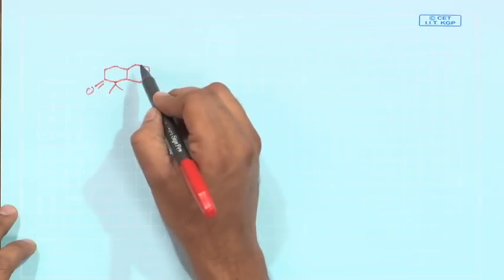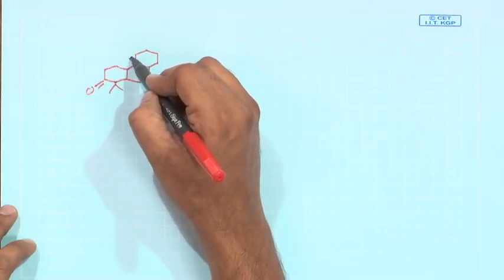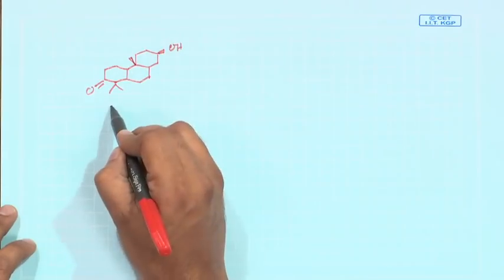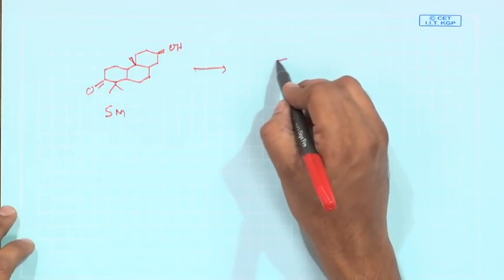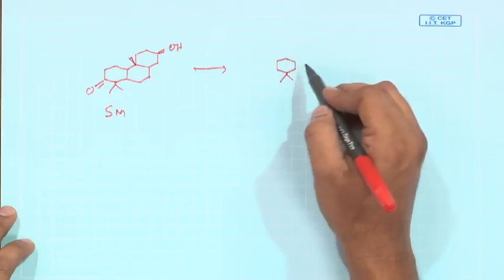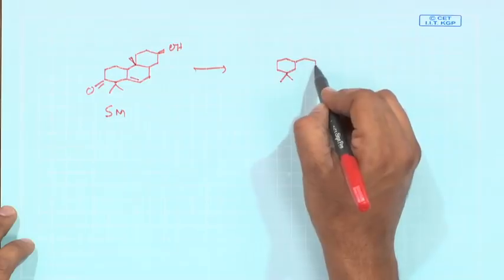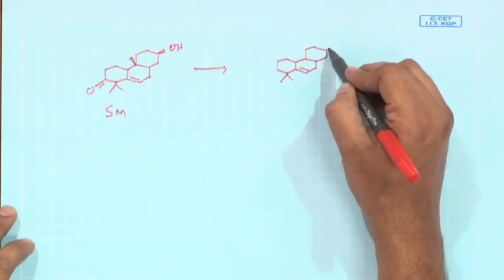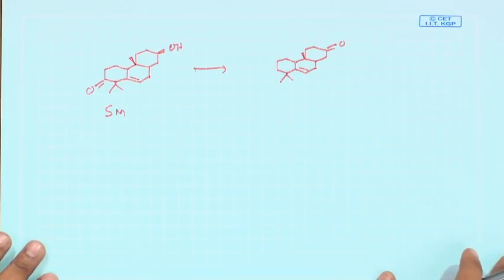We will be talking about a cyclic molecule, and the cyclic molecule structure is this. Starting material was this. The target which we need to synthesize from this molecule, with a double bond, does not matter, is this ketone.